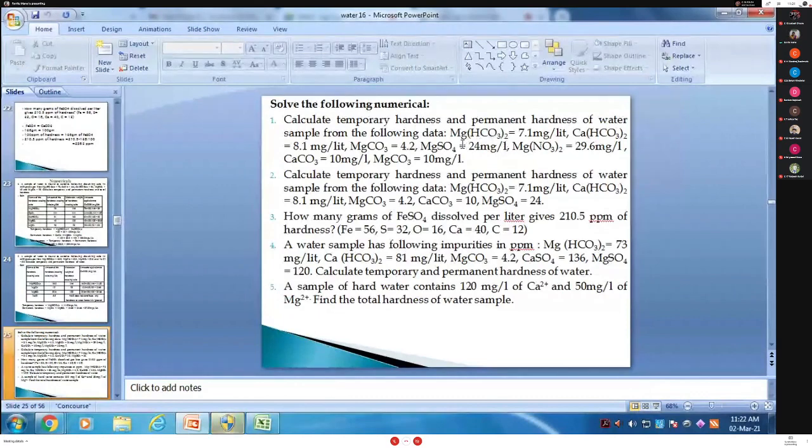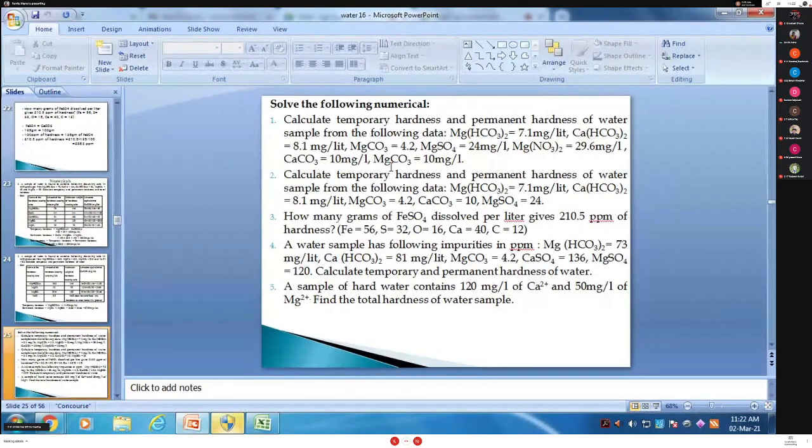Write down the salt. Magnesium, one time I will repeat. Magnesium bicarbonate 7.1 milligrams, calcium bicarbonate 8.1 milligrams per liter, MgCO3 4.2, MgSO4 24, magnesium nitrate 29.6 milligram, CaCO3 10 mg, MgCO3 10 mg.